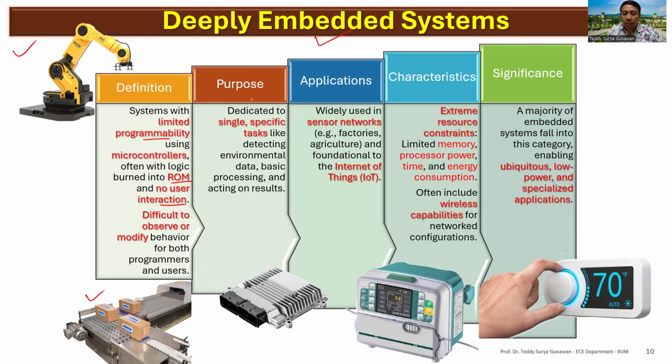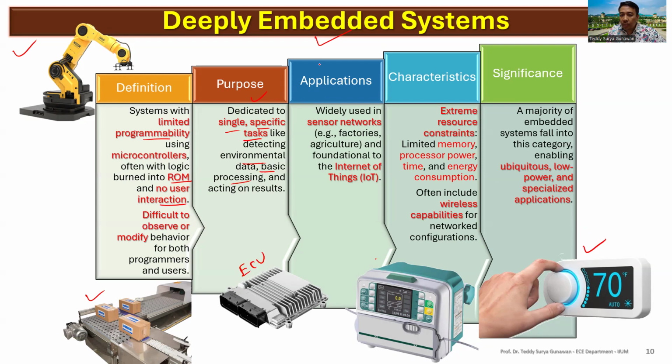The purpose is dedicated to single specific tasks like detecting environmental data, as a wireless sensor for basic processing, or conveyor belt moving. This is the electronic control unit in a car. This one is the insulin pump, and this is the digital thermostat, as examples.